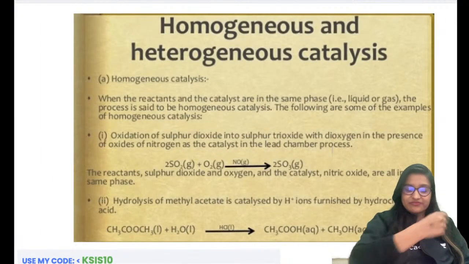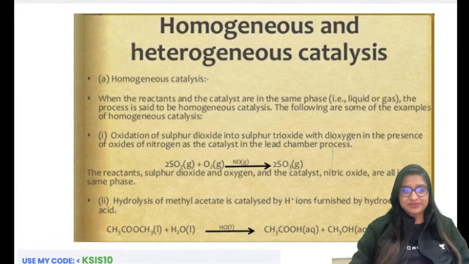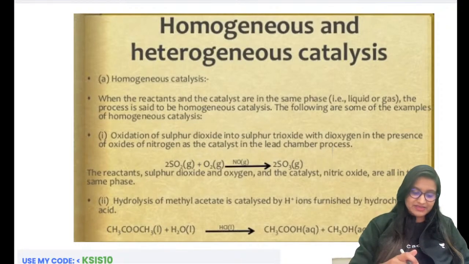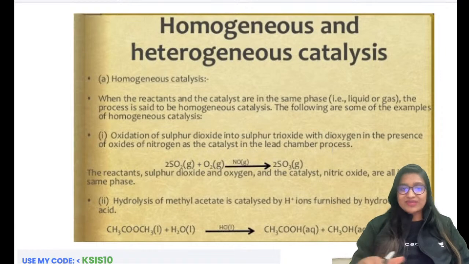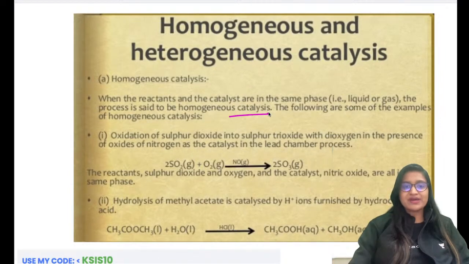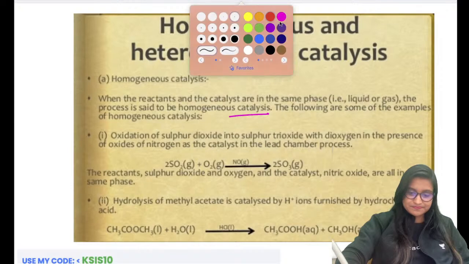So we have been given some examples of homogeneous catalysis and heterogeneous catalysis. So let's look at them. It says when the reactants and catalysts are in the same phase, same liquid or gas, the process is said to be homogeneous catalysis. The following are some of the examples of homogeneous catalysis.